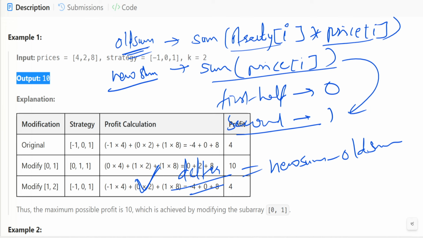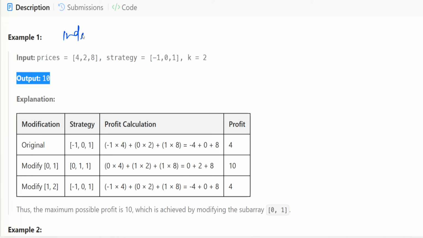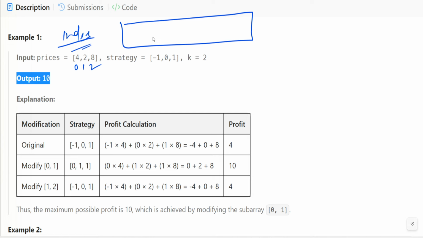Let's understand how. Let's take a very simple example. Let's suppose we have indices 0, 1 and 2 for the prices, and let's say the prices are 4, 2 and 8.